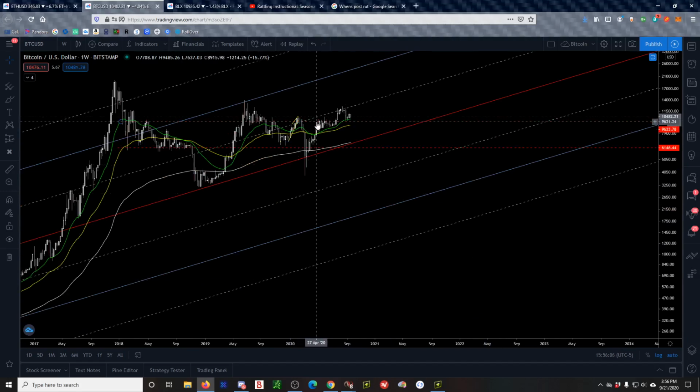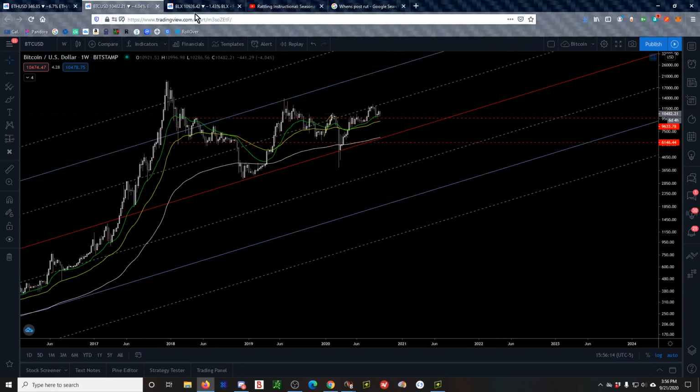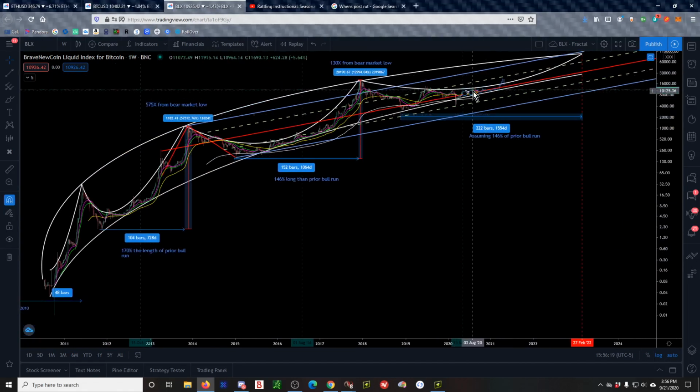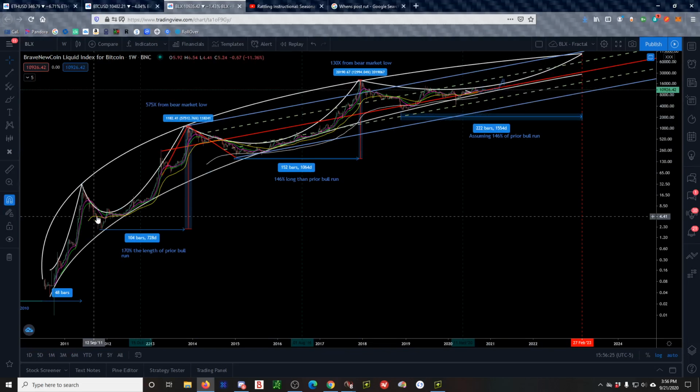So we're above this support. Everything that we're seeing here is pointing towards a bull run. From a time perspective, now I've got to go back to the other chart, this is right around that time where we're going to be moving into that next bull phase, assuming these patterns continue.